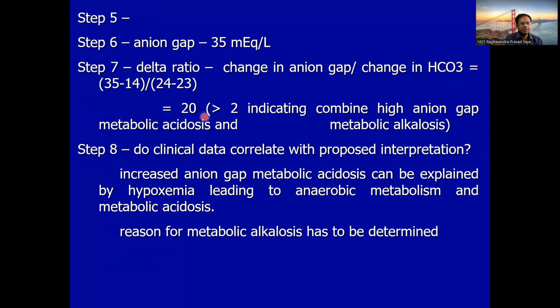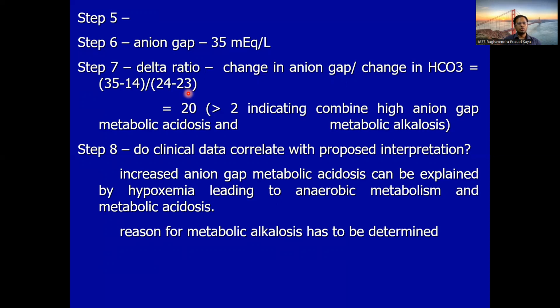Because for this anion gap, your bicarbonate should have been much less if it were a pure metabolic acidosis, but the bicarbonate is increased up to 23. So this indicates there is a hidden metabolic alkalosis also in this patient. So by seeing this delta ratio, we can diagnose metabolic alkalosis also in this patient.